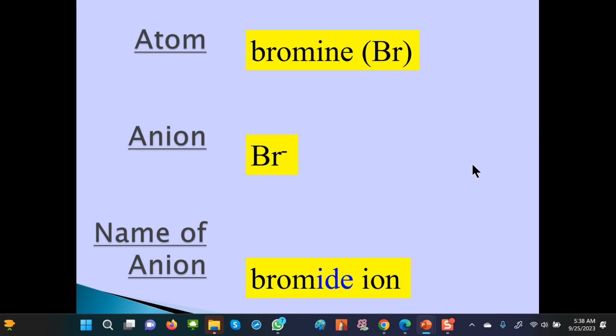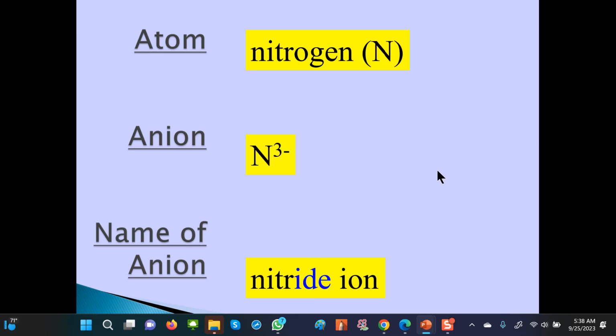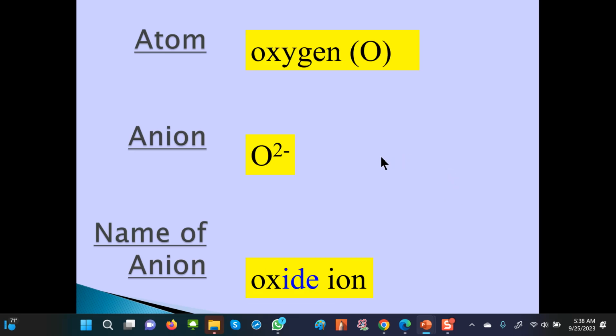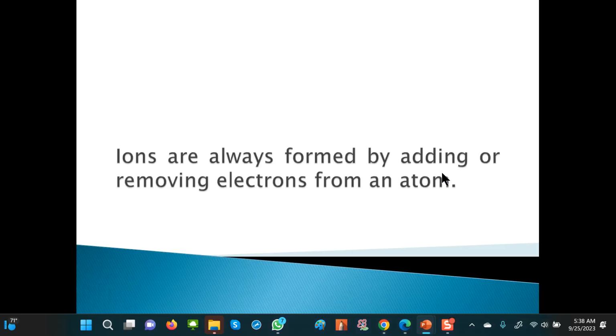The ion formed from the bromine atom is called the bromide ion. The ion formed from the nitrogen atom is called the nitride ion. The ion formed from the phosphorus atom is called the phosphide ion, and so on and so forth. Oxygen will produce the oxide ion. That's basically how we name anions. It's slightly more complicated compared to naming cations: you have to take the stem of the name of the element and then it ends with -ide.